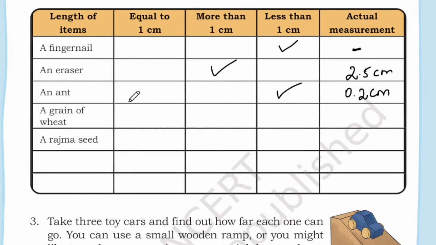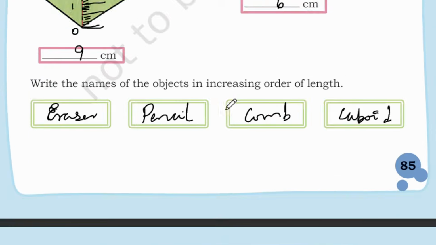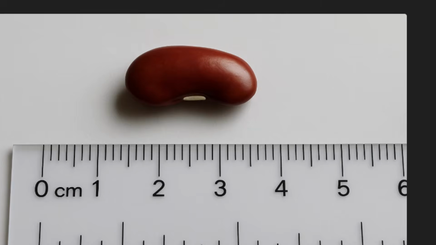A grain of wheat. So we already saw a grain of rice here, 1 centimeter. So it will be exactly equal to 1 centimeter. Next, a rajma seed. Let's see a picture of a rajma seed. Okay, so I have a rajma seed here. So look at the picture. It is starting from 1.5 centimeter and ending up to 3.5 centimeter. So it is more than 1 centimeter.